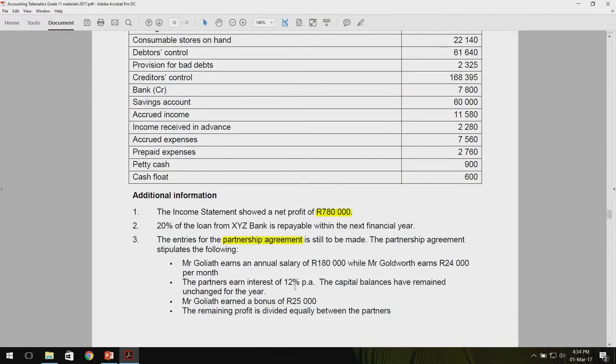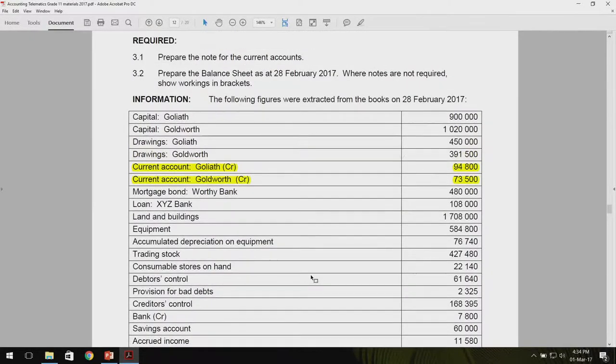The partners earn interest of 12% per annum. The capital balances have remained unchanged. What the partners also earn, I'm going a bit too fast, so I'm going to slow down, is interest on their capital. Let me quickly explain. In a partnership, partners are rewarded for investing more money in the partnership.